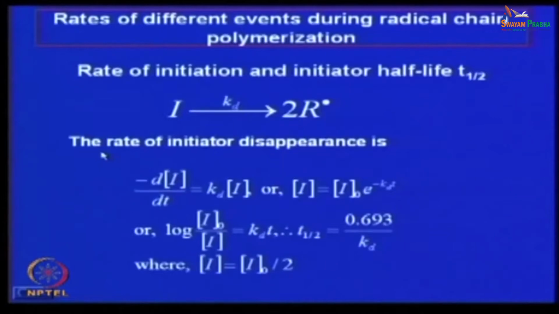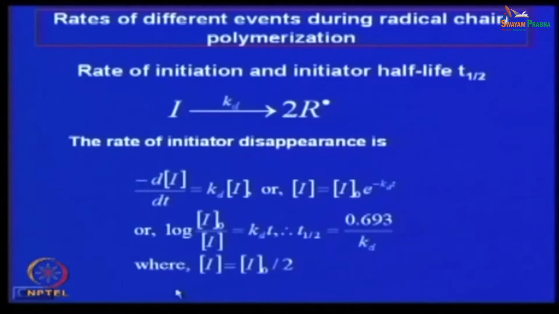So, from here the rate of initiator disappearance is expressed as minus dI/dt equals Kd into initiator concentration I, or I equals I0 e to the power minus Kd t, applying limiting and boundary conditions. At t equal to 0, I is I0, and at any instant of time the initiator concentration can be evaluated from this relation.